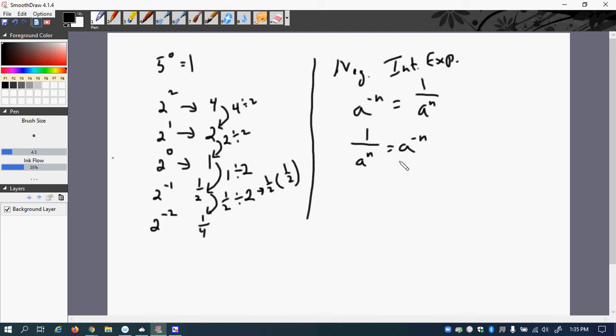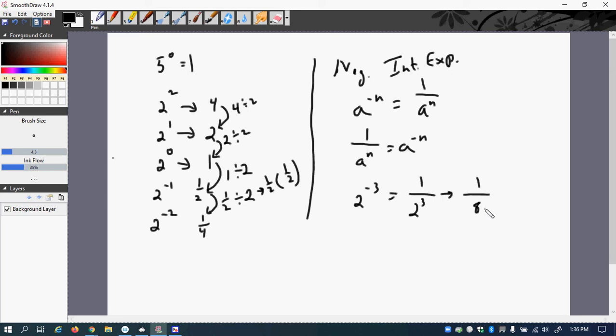For example, if I have 2 to the power of negative 3, I'm going to turn it into 1 over 2 to the third. You see how it matches this general form? Then we can finish it, because 2 to the third is 8, so we're looking at 1/8.